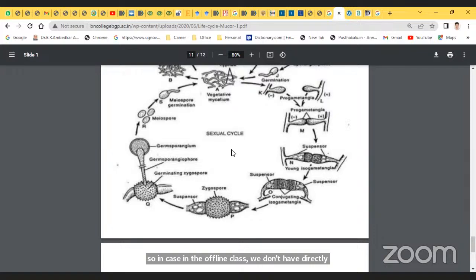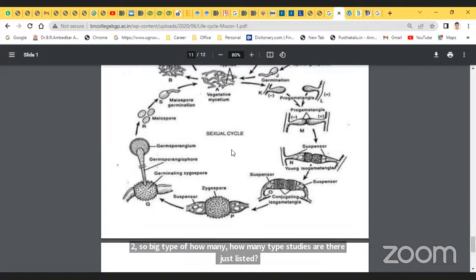So please send me the type studies names, like number 1 Mucor, number 2 Rhizopus, number 3 Penicillium. From the next class onwards we will go by that list only.